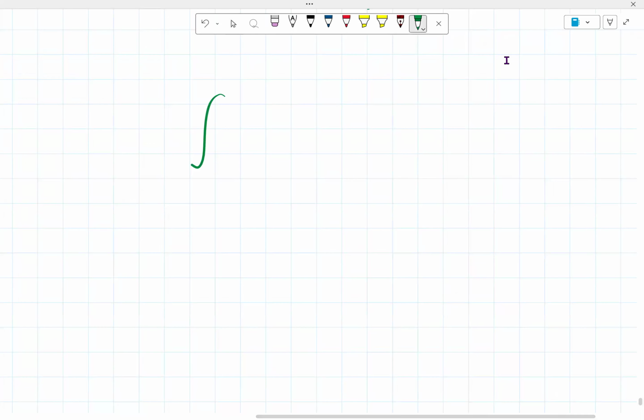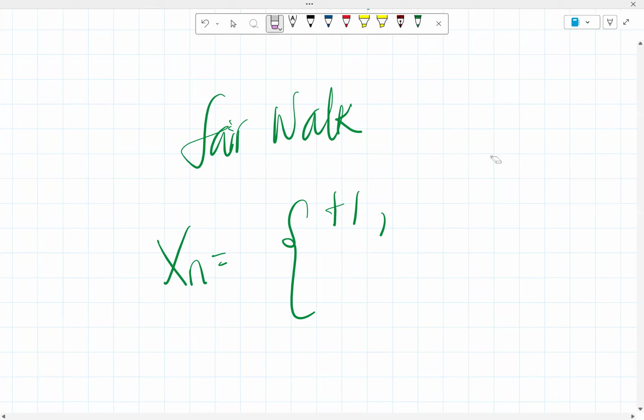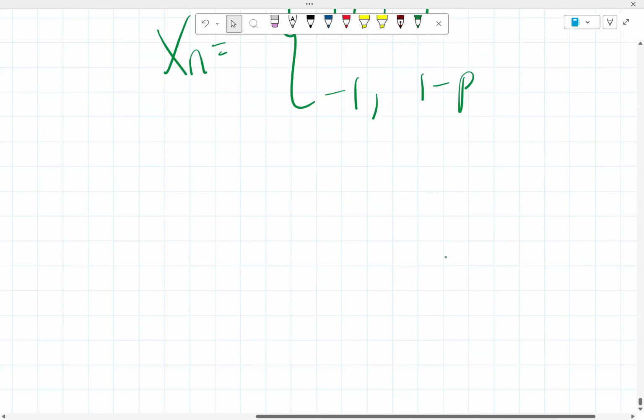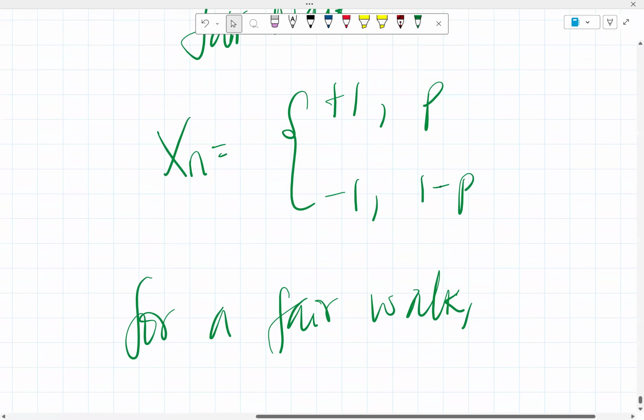So what we call a fair walk, you already know that a random walk Xn is defined as +1 with probability p, and -1 with probability 1 minus p. A fair walk means there's equal possibility of going both ways.